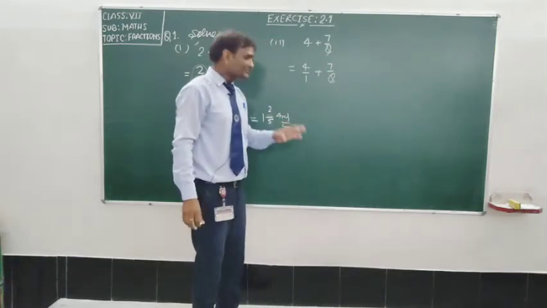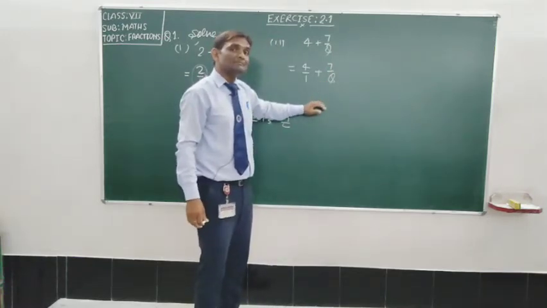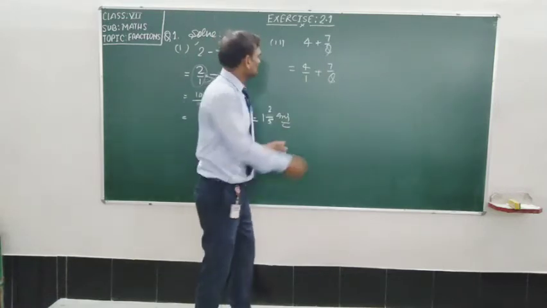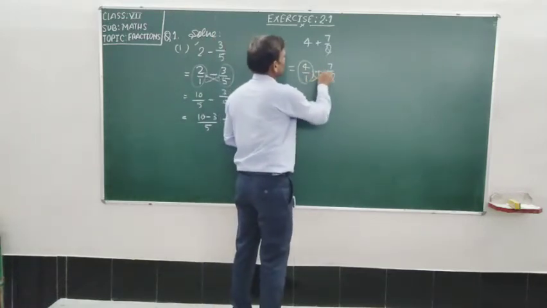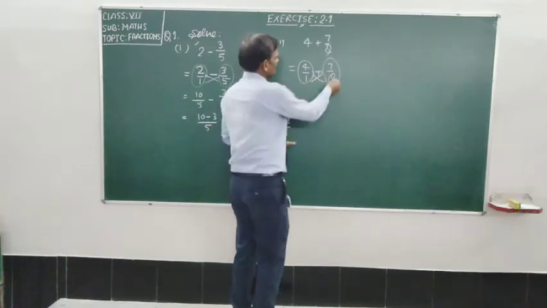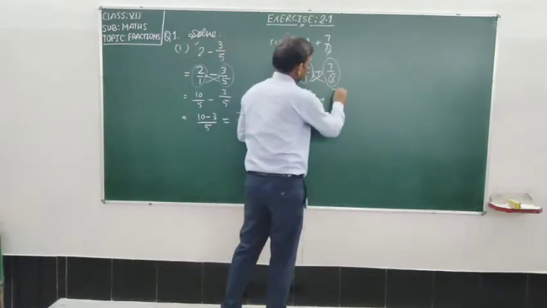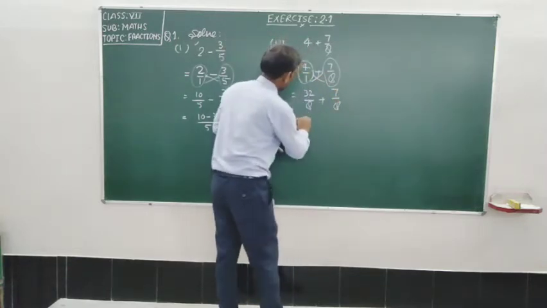And after this, make the denominator same. How is it possible? By cross multiplying, like this. 8 fours are 32, 8 ones are 8, plus 1 seven is 7, and 1 eight is 8.